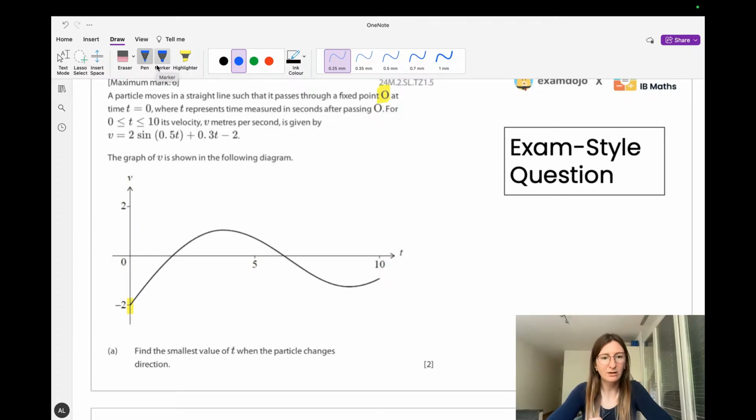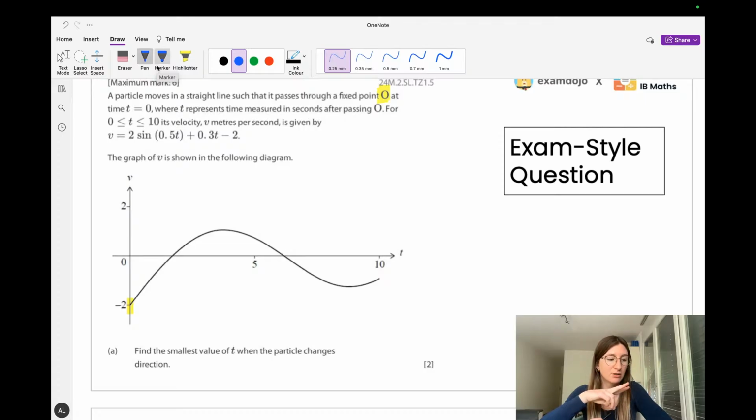Find the smallest value of t, so the smallest time, least time, when the particle changes direction. So changes direction, do you remember what that was from the previous question? Changes direction, what does that mean? Where can we see that the particle changes direction?